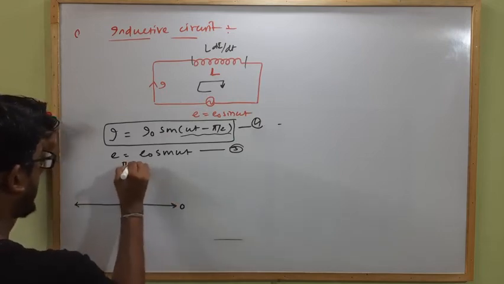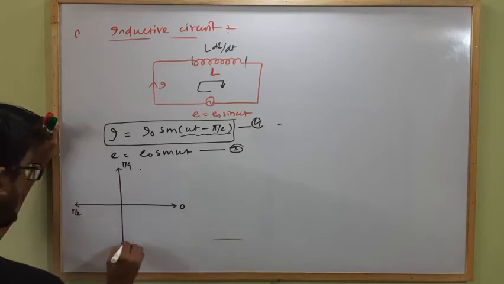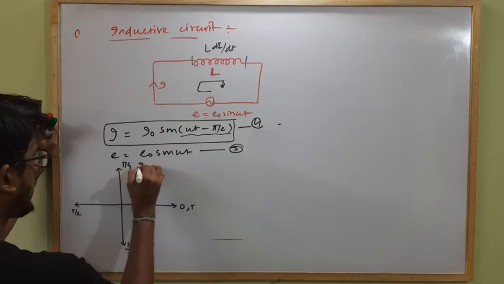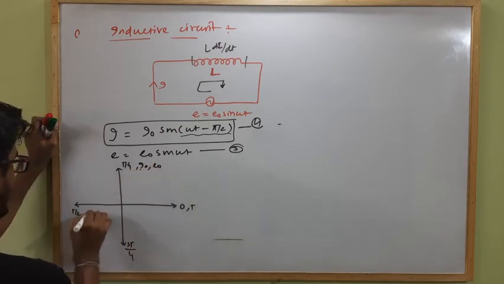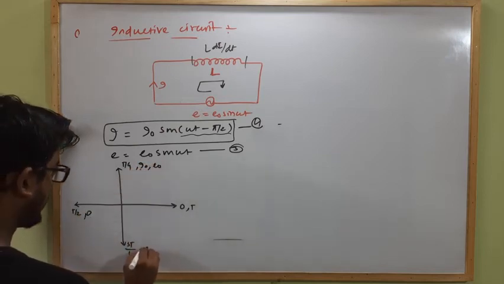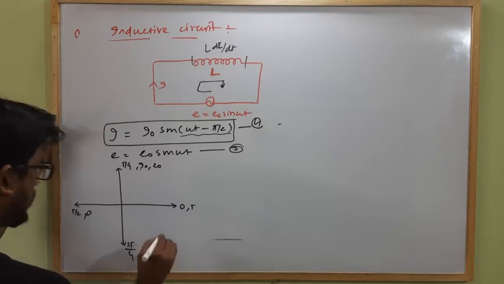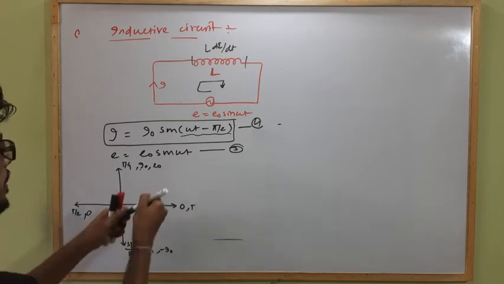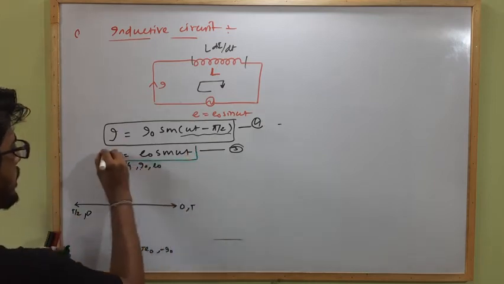The phasor diagram will be like this: 0, t by 4, t by 2, 3t by 4, t. This is I naught, E naught, 0, minus E naught, minus I naught. So at t equal to 0, what is the value of E? 0.